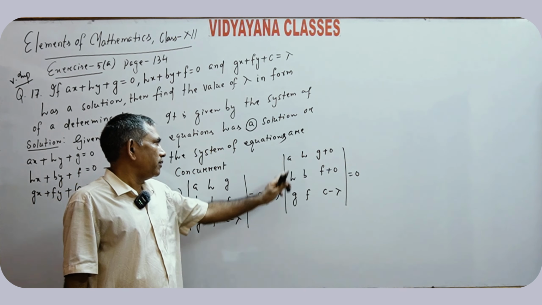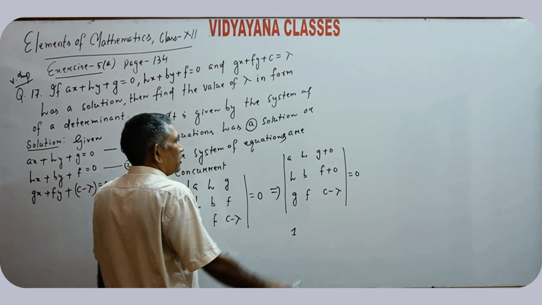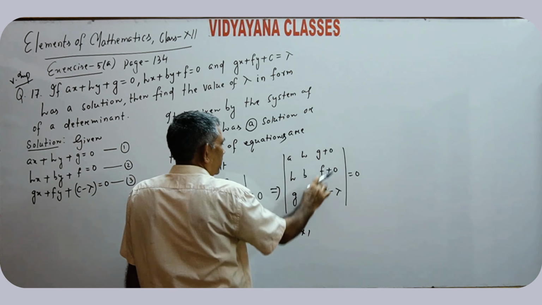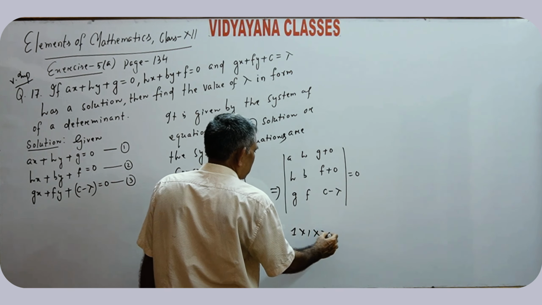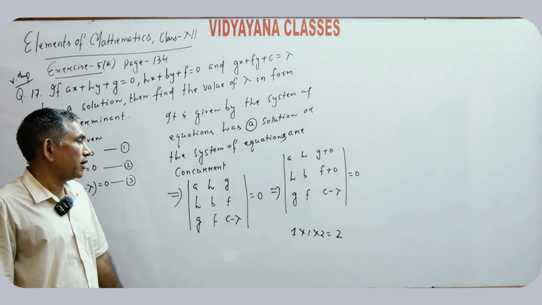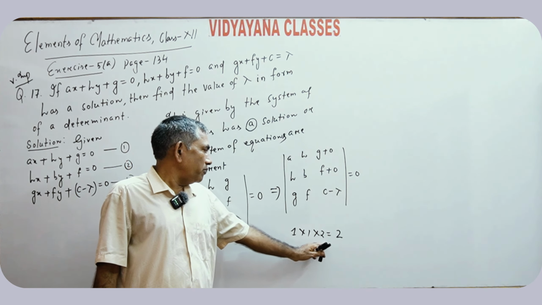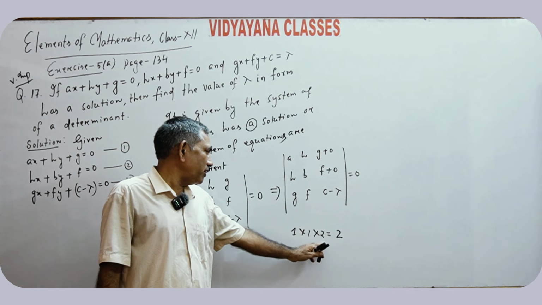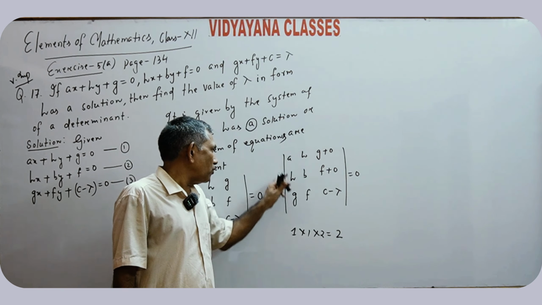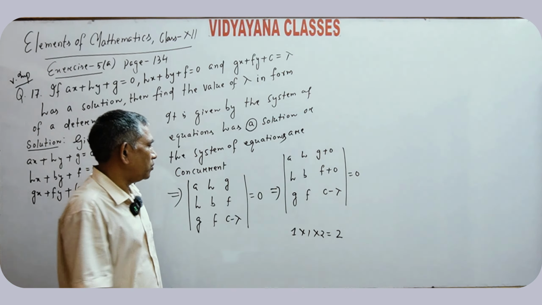In the determinant, column 1 contains only one element, column 2 contains one element, column 3 contains two elements. So the number of determinants as a sum is 2. From the properties it is clear that the number of determinants as a sum is 1 into 1 into 2, that is equal to 2.